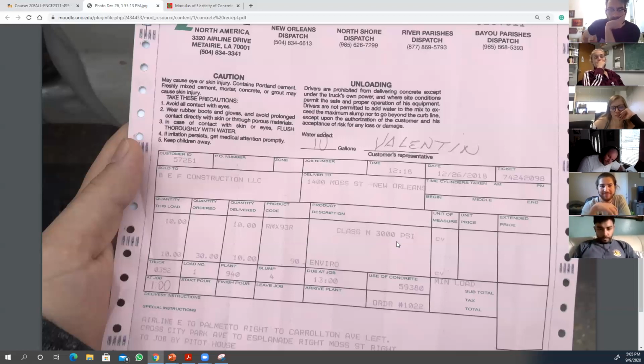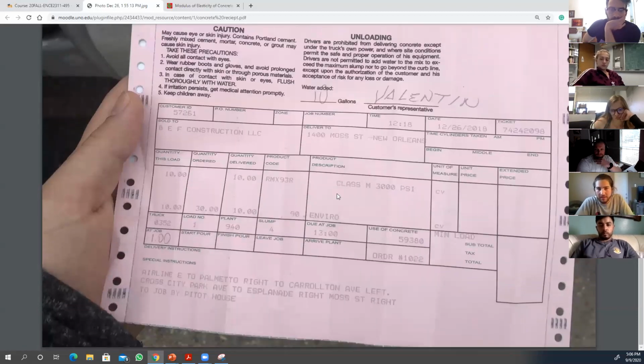So I'm waiting for the results. I get my results. They can tell me what will be the strength of this concrete in 28 days. But I don't have to wait 28 days. If I know in 7 days, I can forecast what will be the strength in 28 days.